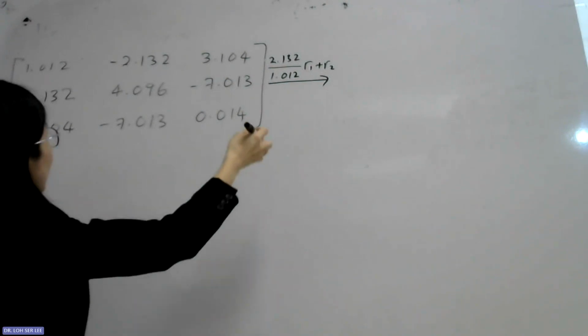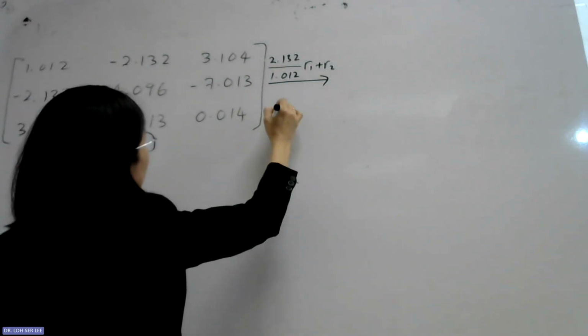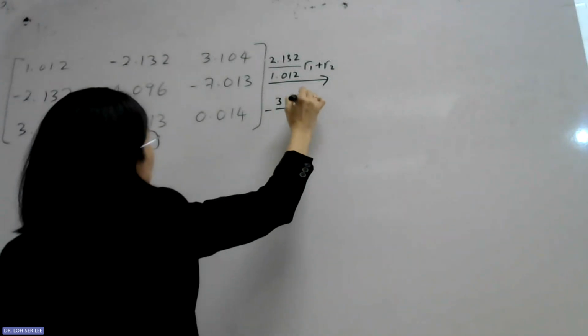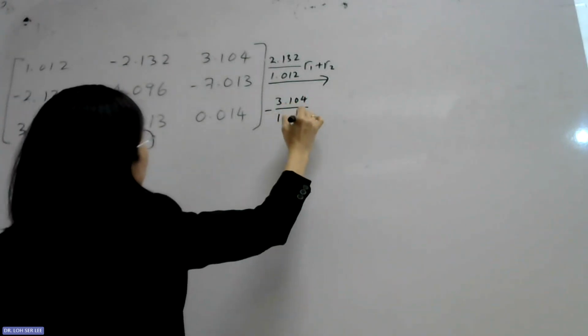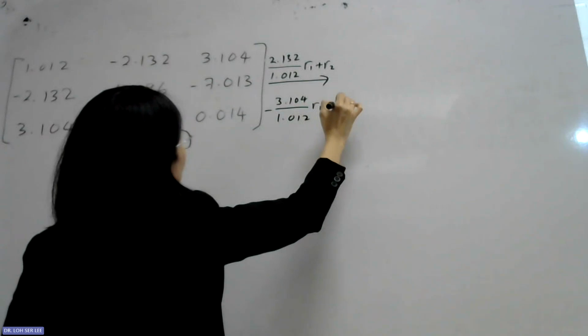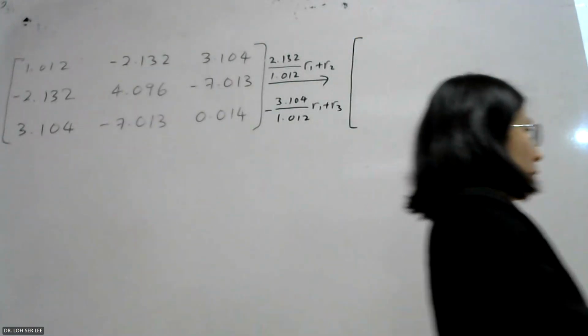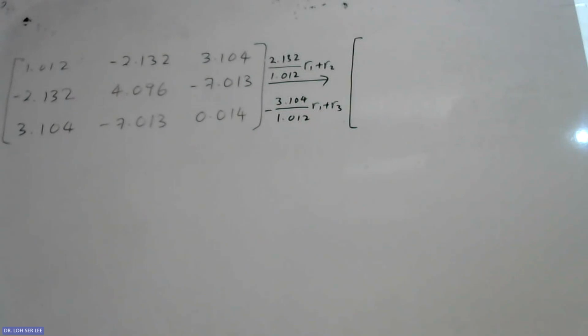And the second one is negative 3.104 over 1.012 R2 plus R3. So by right, at this moment you should know how to come up with the operations.